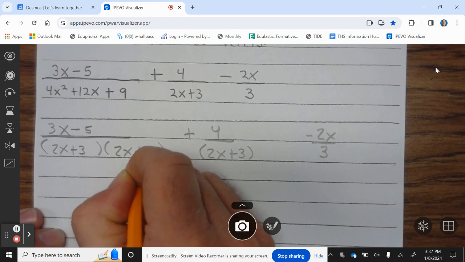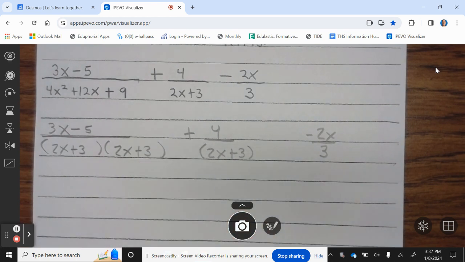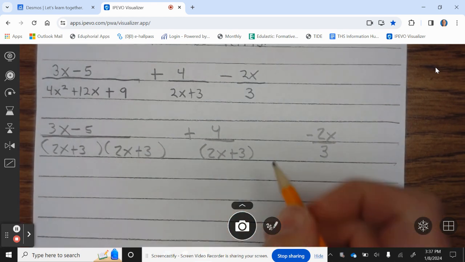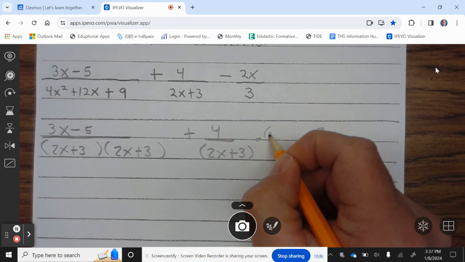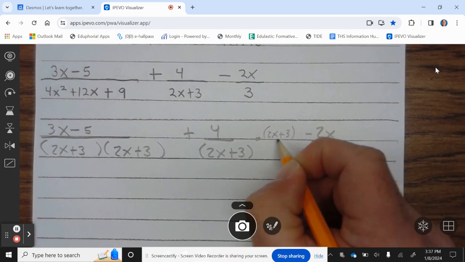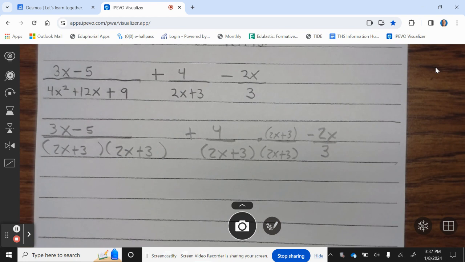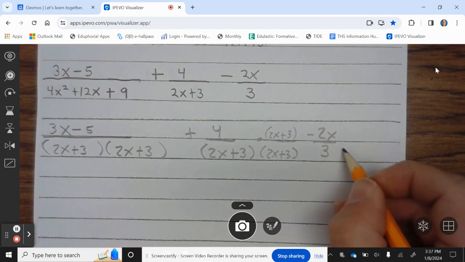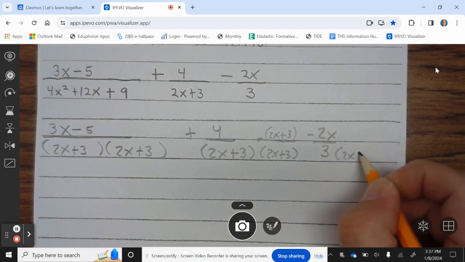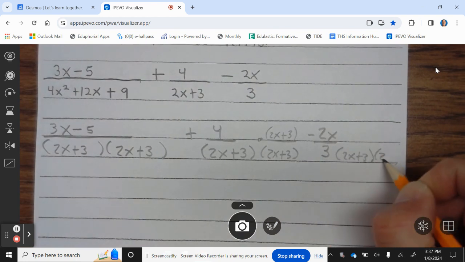So that's 2x plus 3 times 2x plus 3. Now, this has one 2x plus 3, but it needs another, so we need to multiply this by 2x plus 3 divided by 2x plus 3. But this doesn't have any 2x plus 3, so this would be multiplied by 2x plus 3 times 2x plus 3.